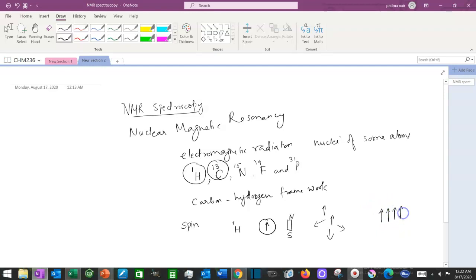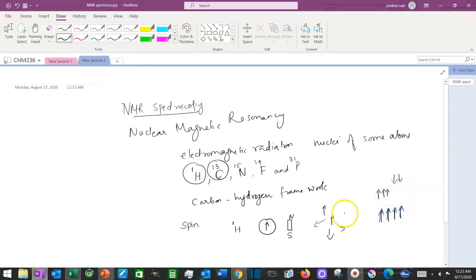Then some of these will align along the external magnetic field, and some of them will align against it. Let's represent this external magnetic field by this blue color, and say 3 protons are aligned along the external magnetic field and 2 of them are aligned against it.